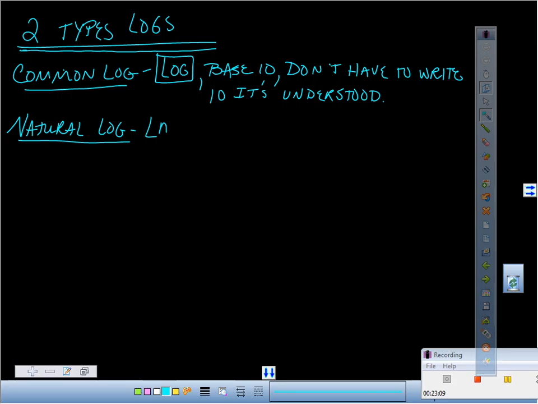The LN button is a base E. What does that mean? Euler's number, that's right. And you don't write the base. Anytime you see LN, you know it's a base E, or anytime they use an E, you need to write it with an LN.